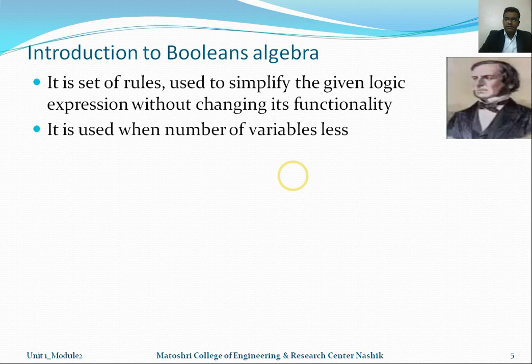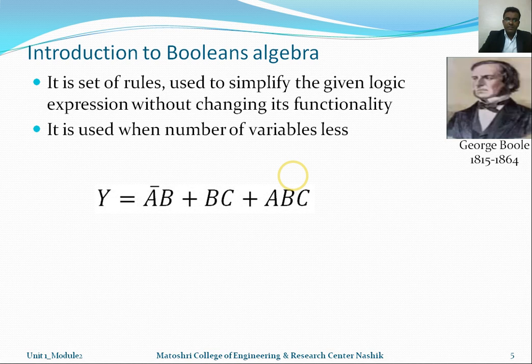After George Boole, we call these logic expressions Boolean algebra expressions. Now let's see one example. This complicated Boolean algebra expression needs 5 logic gates.